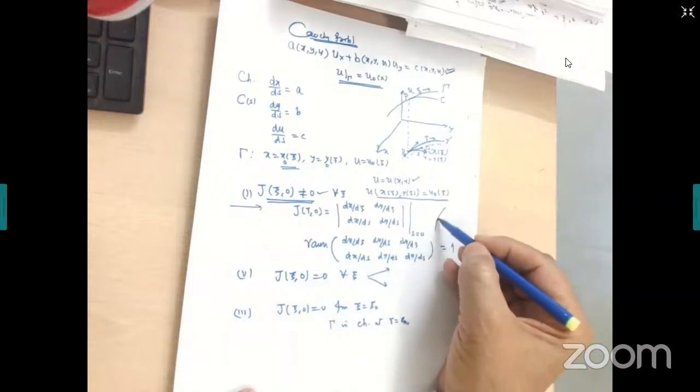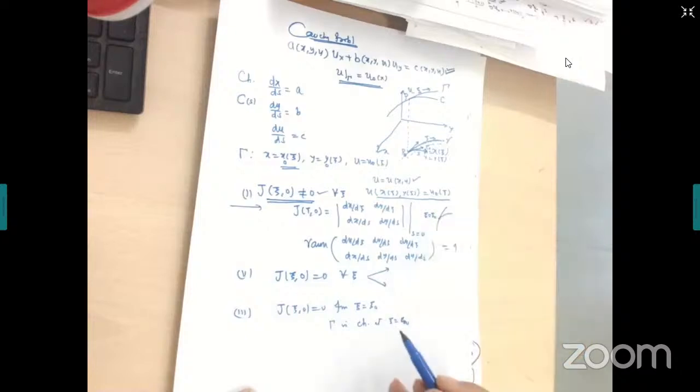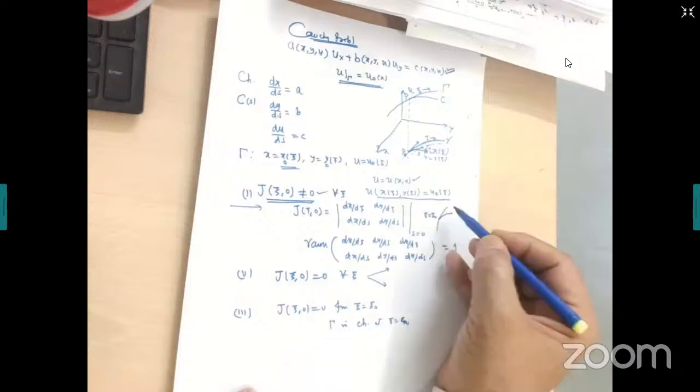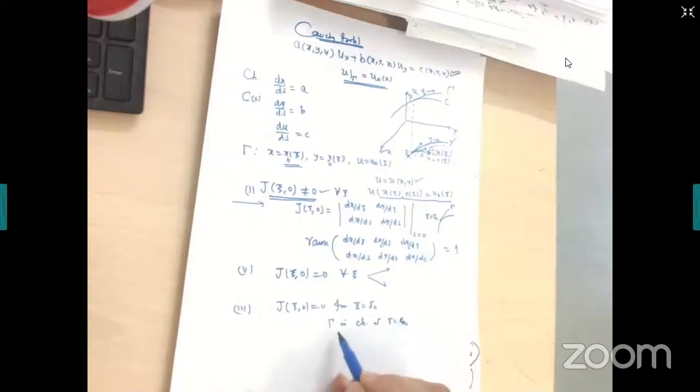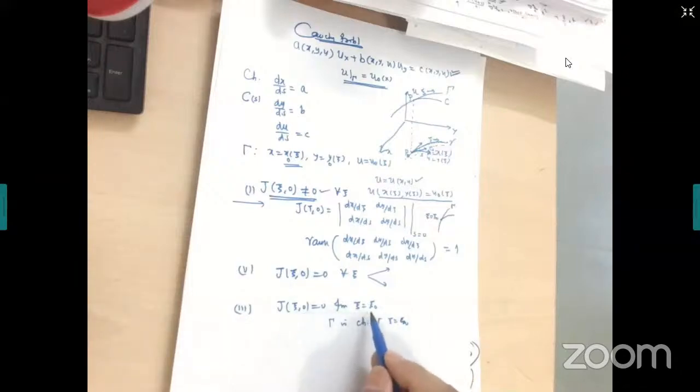At this point xi equal to xi naught, we have to find out what happens to the tangent to this space curve gamma. Suppose it is tangent, then what happens? If j(xi) equals 0 at xi equal to xi naught, and gamma is characteristic at xi naught, then what will happen?